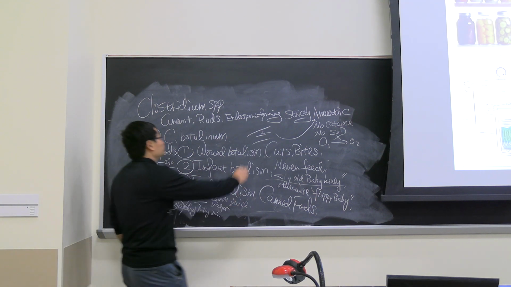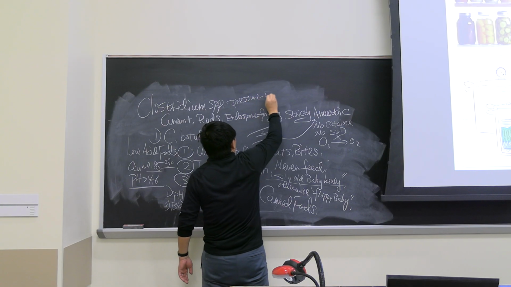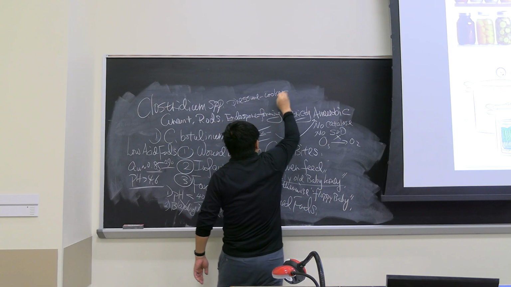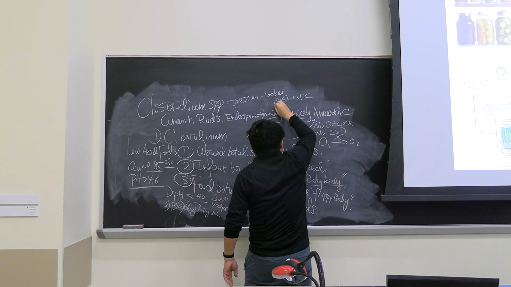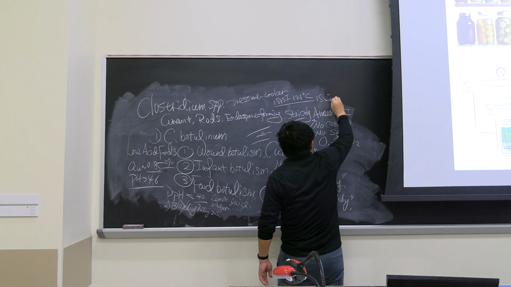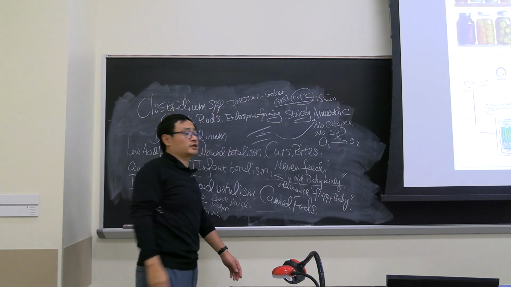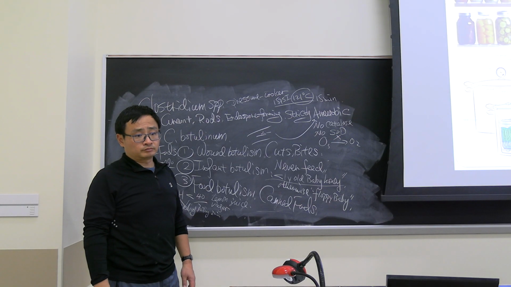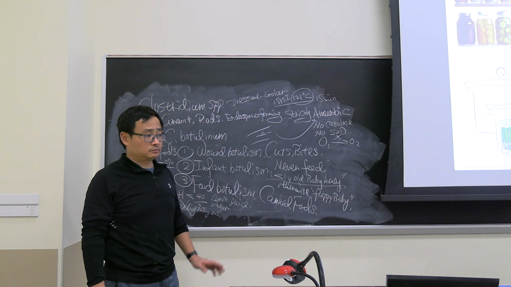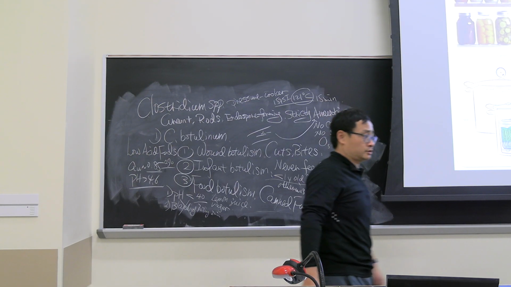We need to use a pressure cooker, 15 psi, 101 degrees Celsius for 15 minutes. Sometimes not that high, but 15 psi is important to kill the endospores. So that's something we need to know. It is important. The pressure cooker certainly helps.